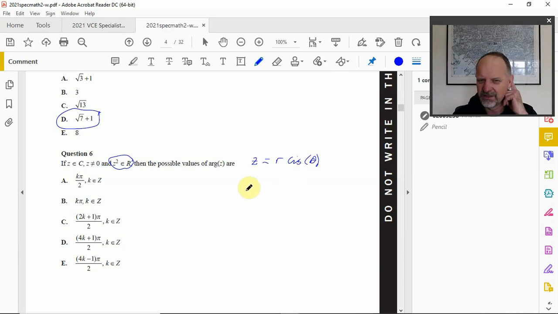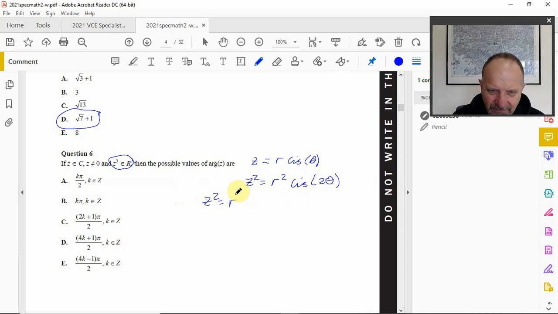De Moivre's theorem says that z to the n, in this case z squared, would be r squared cis 2 theta. Now when we expand that, z squared would be r squared cos 2 theta plus r squared sine 2 theta i.